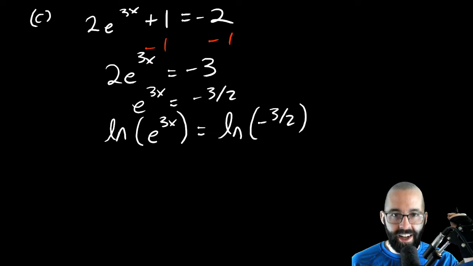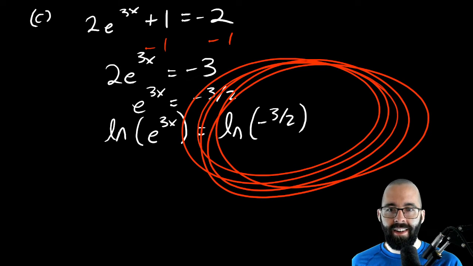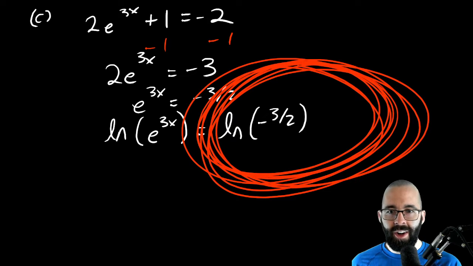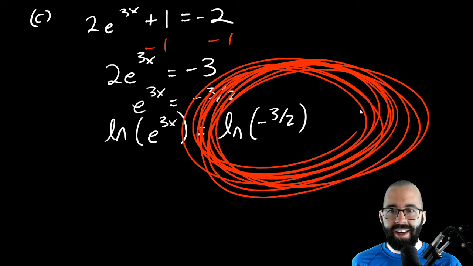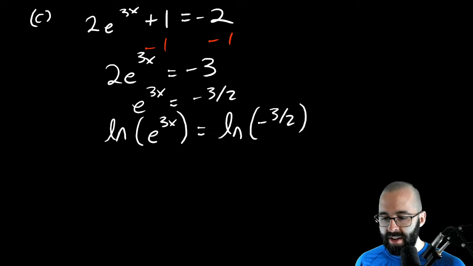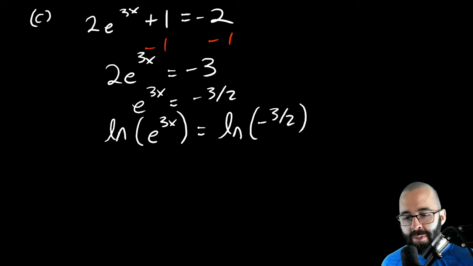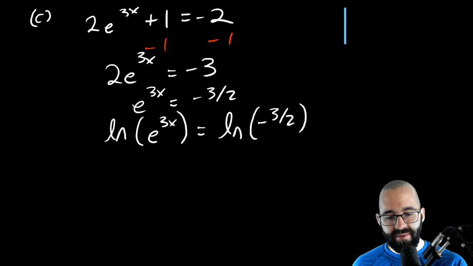Do you see what I'm freaking out about? Uh-oh. Why is this a problem? Well, you type it into your calculator. You tell me what the natural log of -3/2 is. The calculator's going to get really angry. The domain of the natural log is only positive numbers.